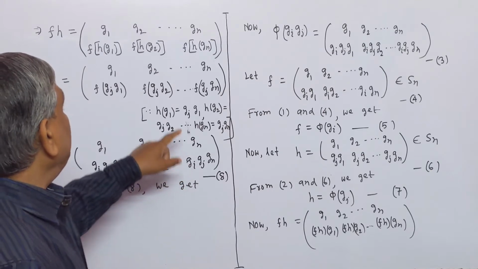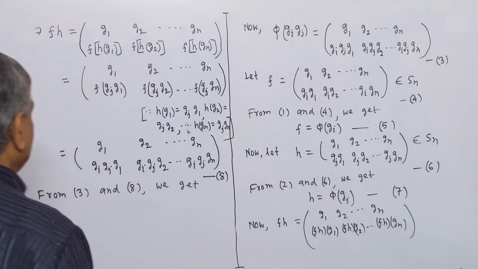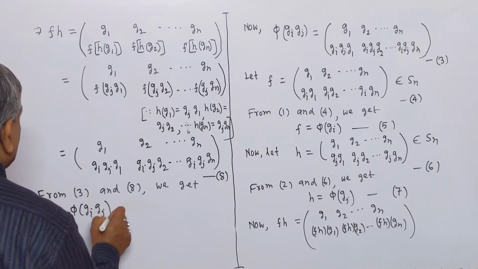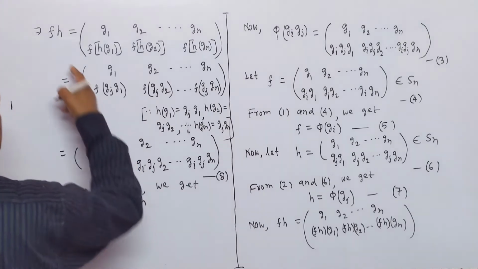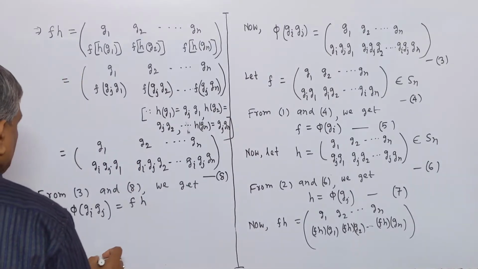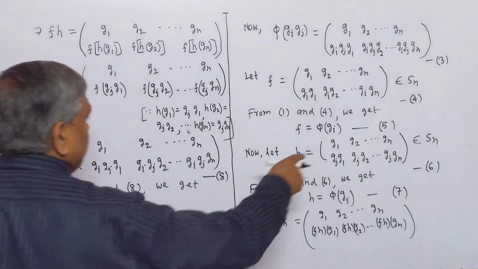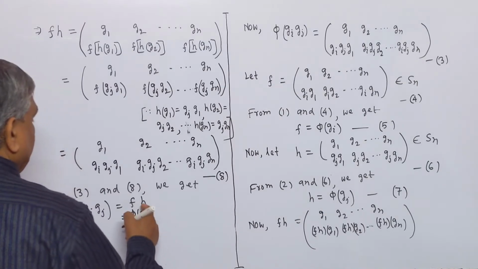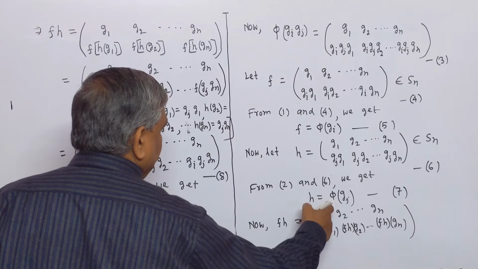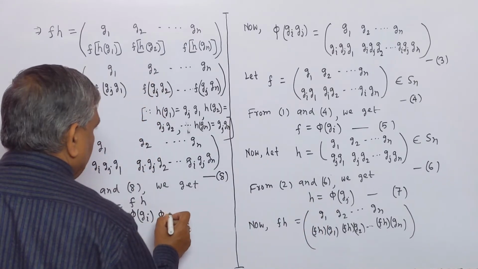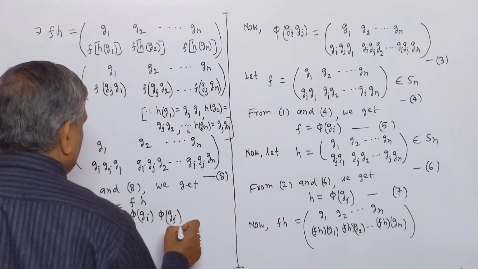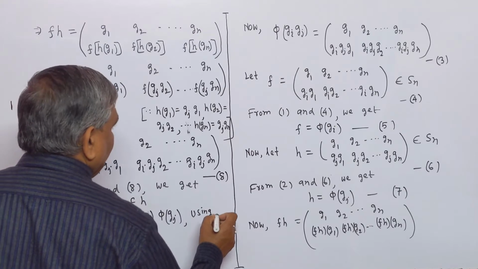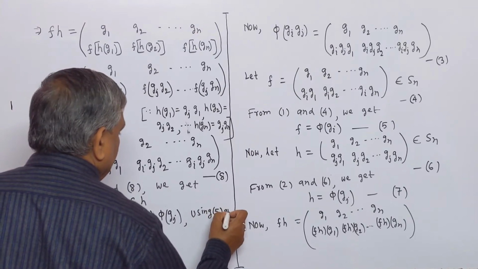Therefore, the left sides will be equal: phi of gi gj equals fh, which equals phi of gi in 5 times phi of gj in 7, using 5 and 7.